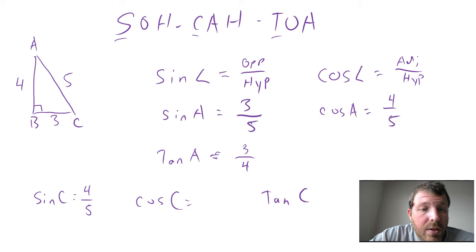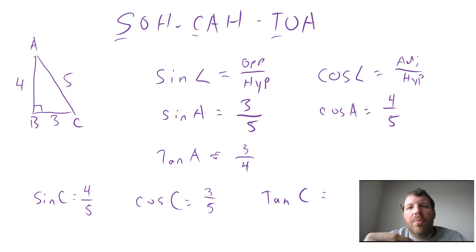So let's check. So the cosine of C would be the adjacent, which is 3, over the hypotenuse, which is 5, and it is. And the tangent of C would be the reciprocal of what the tangent of A would be. So the tangent of C is the opposite, which is 4, over the adjacent.